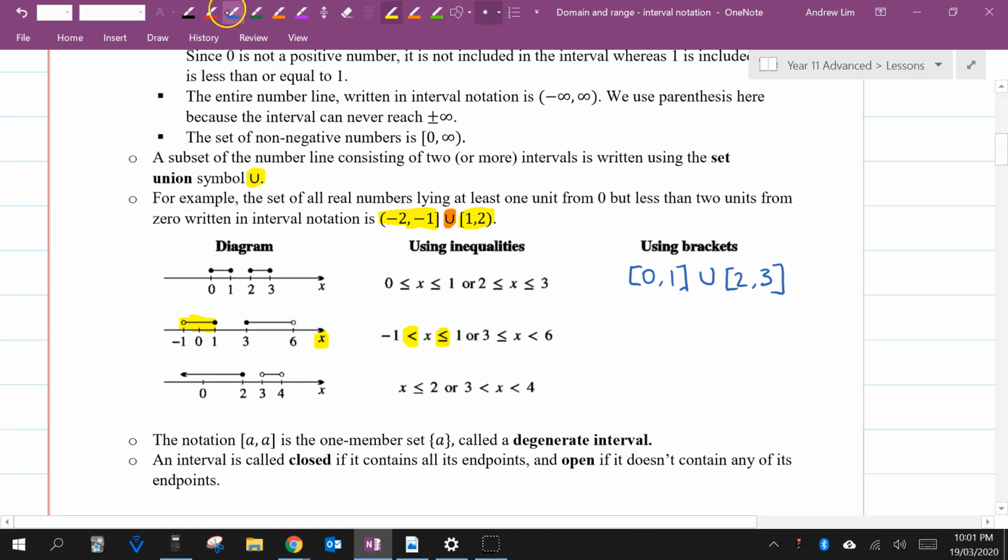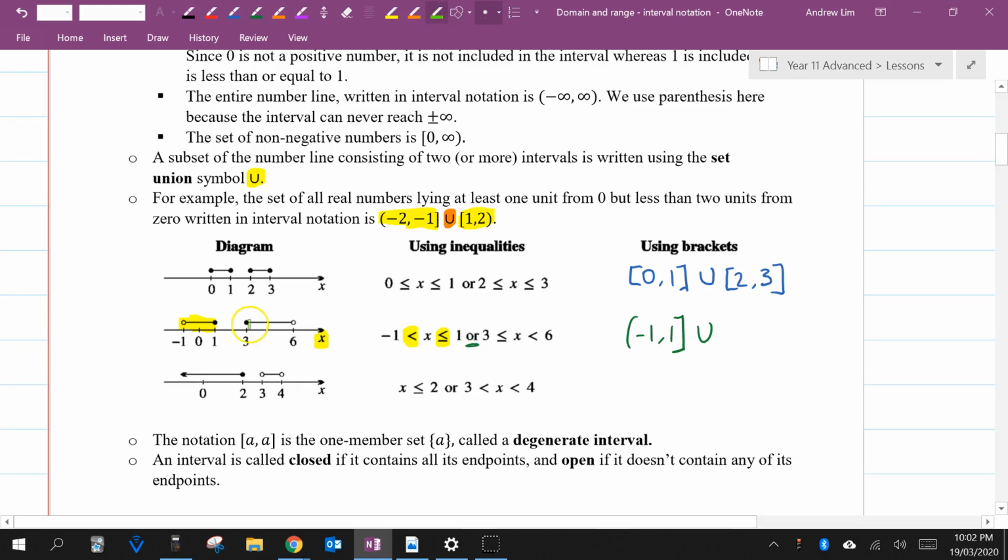So when we write this using interval notation, we have a curved bracket. I'm just going to say curved bracket instead of parentheses. -1, comma, 1, but it includes 1, so we use a square bracket. Union, okay, union just means or.